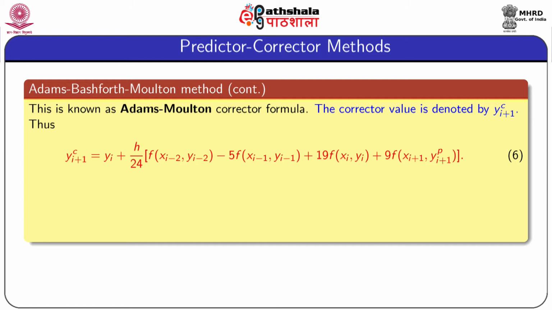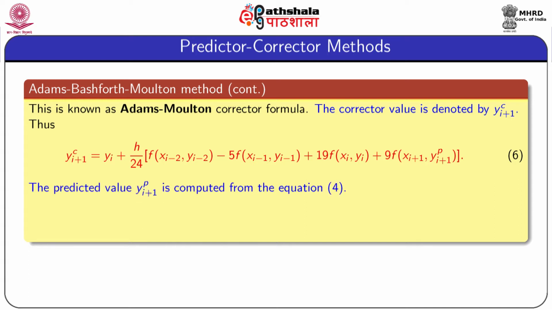Since y_{i+1} is present on the right hand side of equation 6, to calculate the value of y_{i+1}, this formula is called an implicit formula. Note that the formula for y_{i+1}^p is the predictor formula and it is an explicit formula, but the corrector formula, equation 6, is an implicit formula.